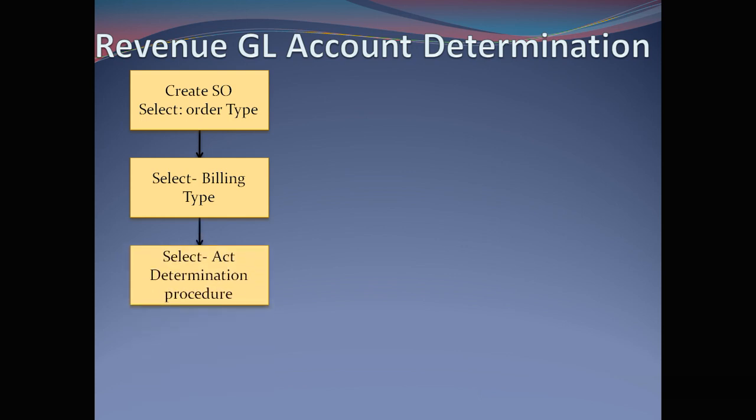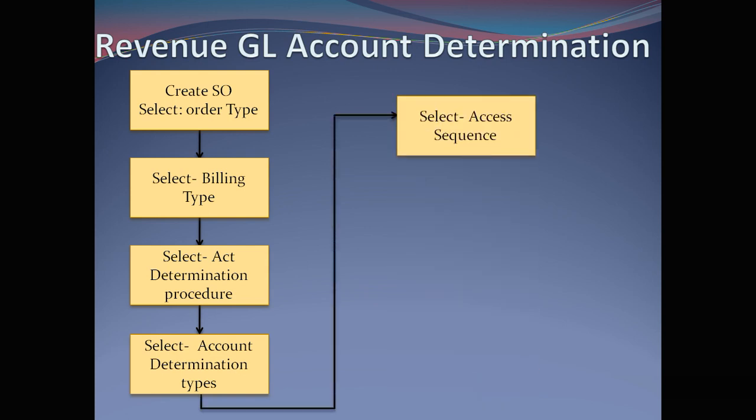In the next step, system will select account determination procedure, because this account determination procedure is assigned in the billing type. In the next step, system will select the account determination type. This account determination type we have linked in the account determination procedure during the configuration.